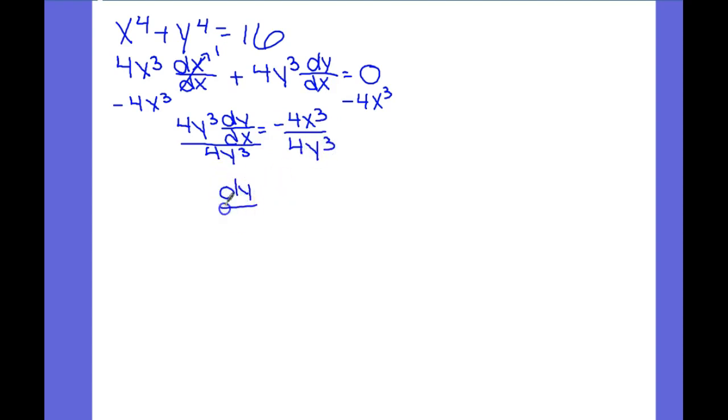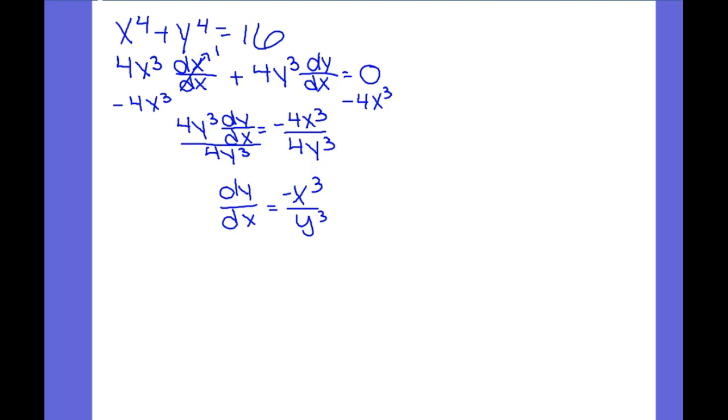And we get dy/dx equals negative x cubed over y cubed. So again, that represents the rate of change to the outer edge of that object. So that seems simple enough.